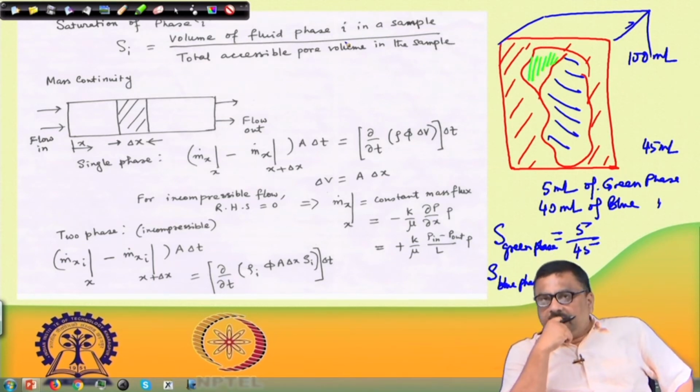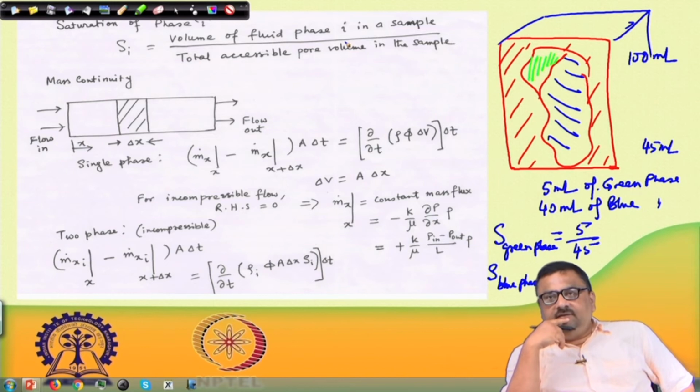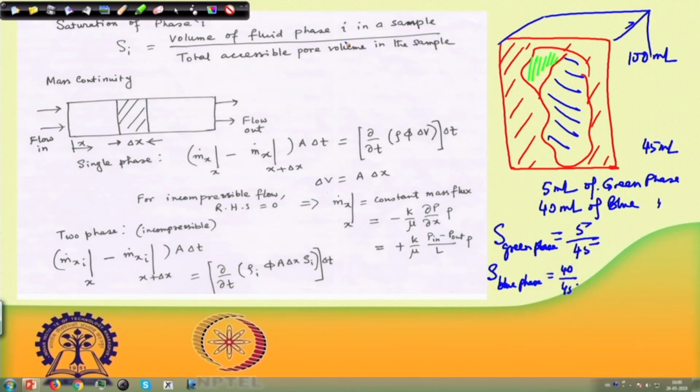Now, we look at mass continuity at this time, because we have always picked up a differential element and then done mass continuity. So, now if we look at the mass continuity in this case, what did we do at that time? Particularly when we talk about single phase, we had the mass flow in the direction x at location x, in minus out.